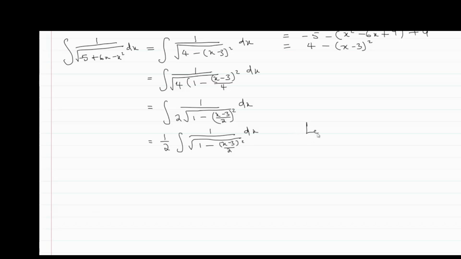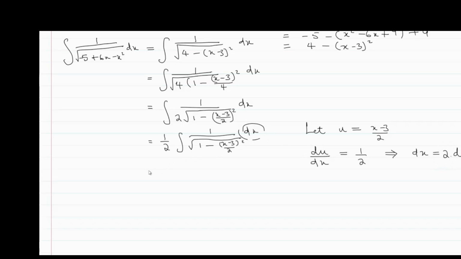So we can say let u equal x minus 3 over 2. Differentiating this, du dx is equal to a half, which means that dx is equal to 2 du. The intention here is to substitute dx with 2 du.